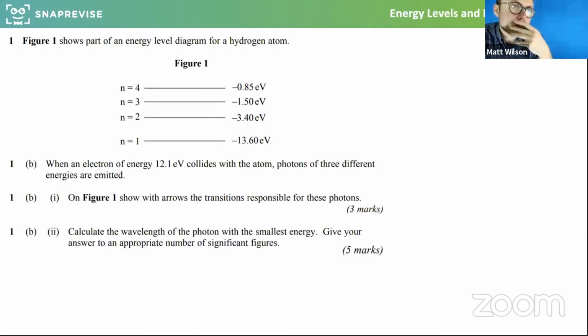Okay, so we have to look at the picture and figure out which energy levels would in principle be consistent. So what can we do? Has anyone got any ideas?